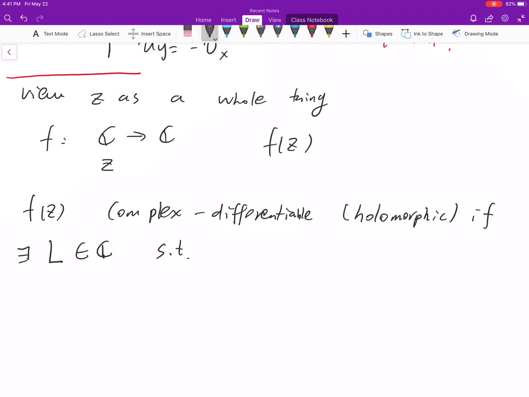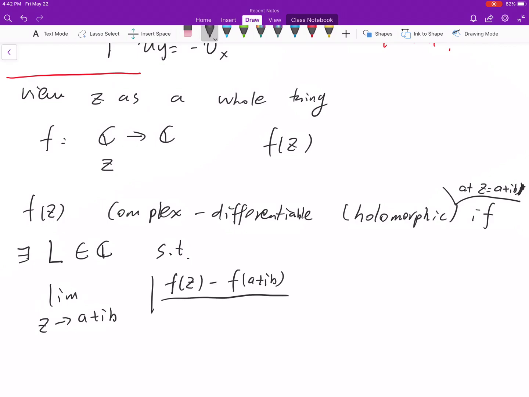here differentiable at z equals a plus ib. Yeah, you should fix the point. If there exists L such that the limit as z goes to a plus ib of f(z) minus f(a plus ib), divided by z minus (a plus ib), minus L, equals 0.